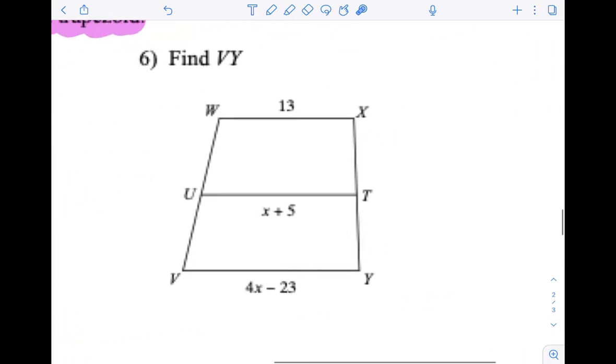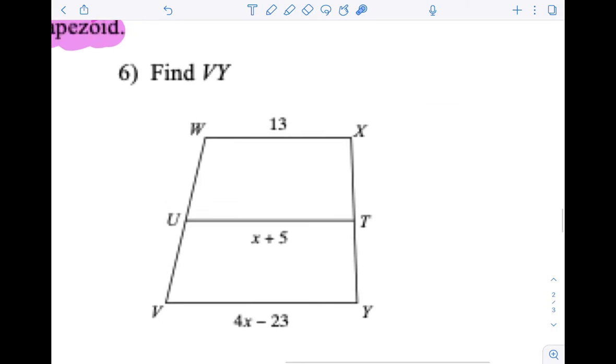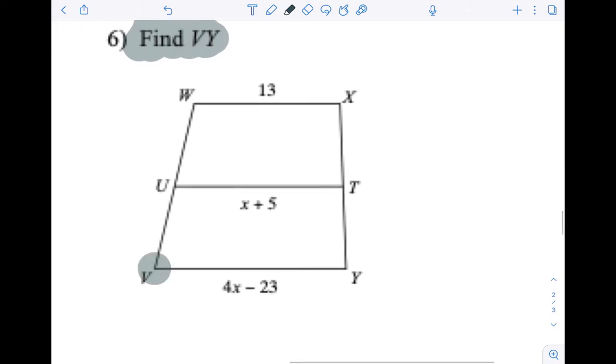Okay, so let's see what it says here. This says find VY. VY is this base here, right? So they want us to find base 2. Okay, so I know that base 1 is WX, base 2 is VY, and the mid-segment is UT.